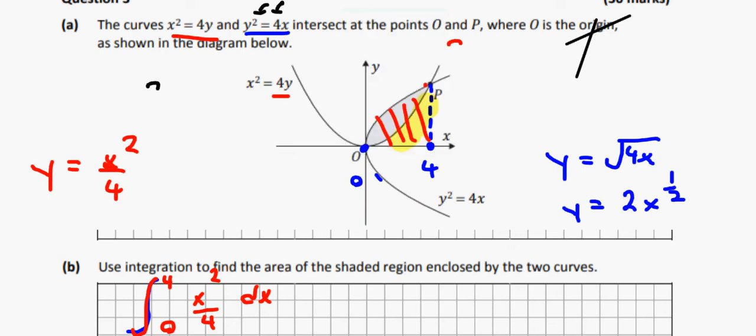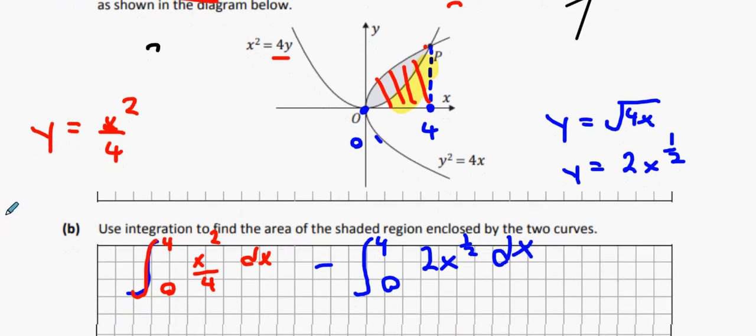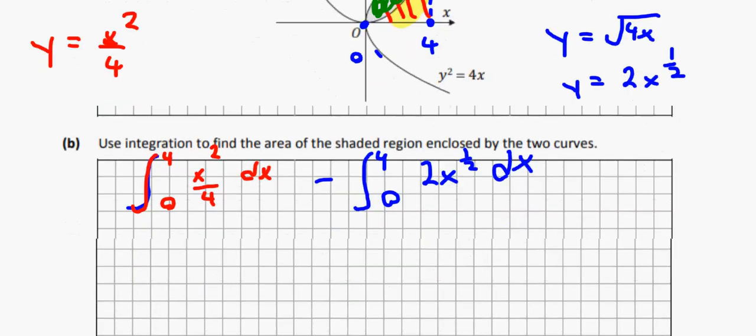The area under the blue curve is 4 to 0, and it's going to be 2x to the power of a half dx. Then we're going to take those two answers away from each other, and we find out the area of the shaded region, or the green region. So let's integrate this.